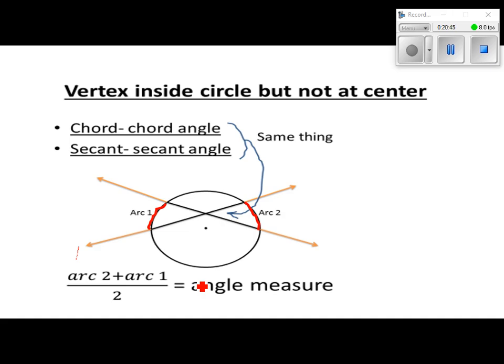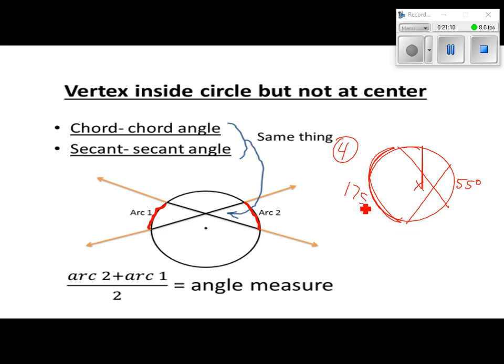Oh well. Let's look at number 4. Number 4 has these kind of angles and arcs in them. It looks something like this. My picture might not be the greatest drawn. That's X, that's what we're looking for. We know this arc, that arc is 55 degrees. This arc out here, the other arc that it cuts off, is 175.